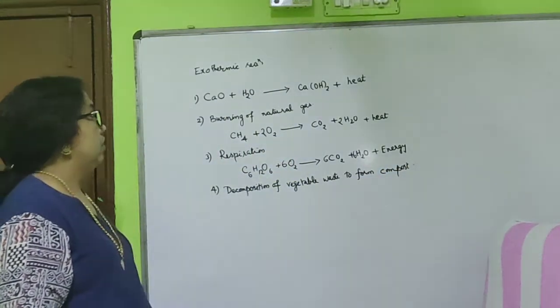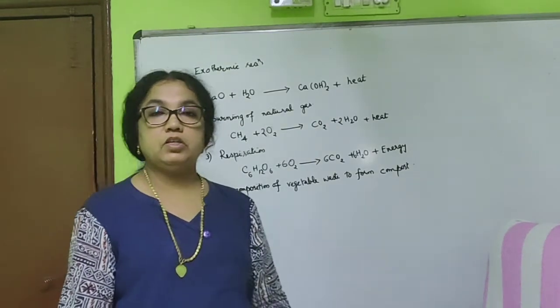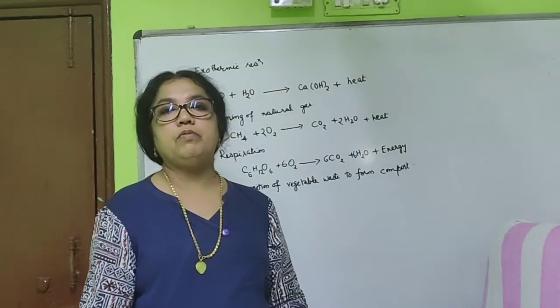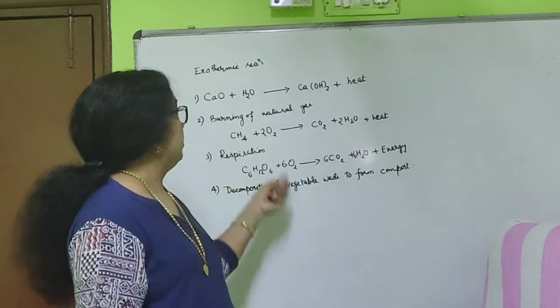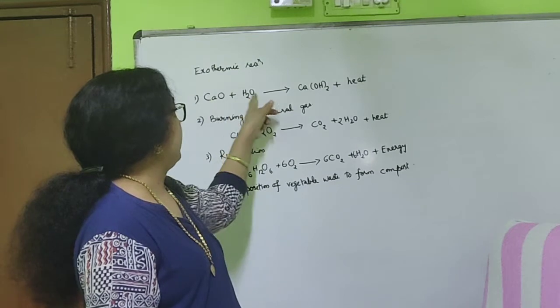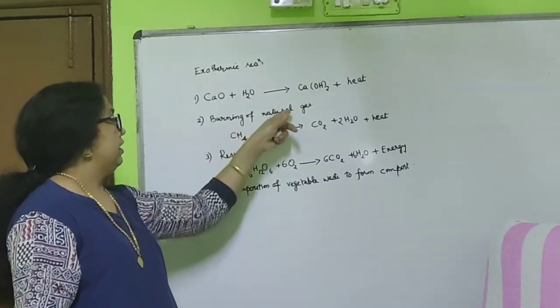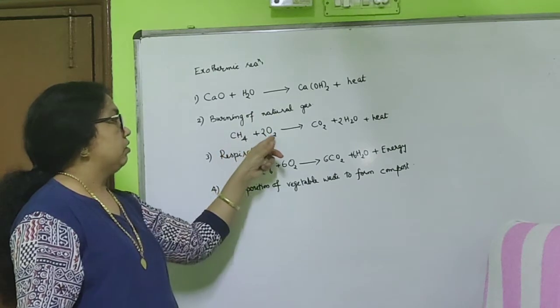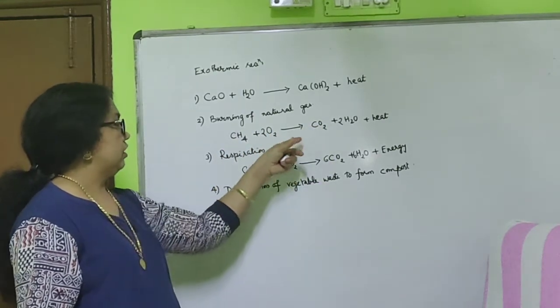So understood now? What are exothermic reactions? The reactions in which heat is released along with the products. Examples: quicklime reacts with water to give calcium hydroxide. Natural gas, methane is a gas, reacts with oxygen. I have not written the symbols; without writing symbols also you can write.